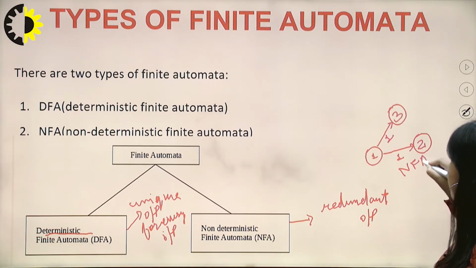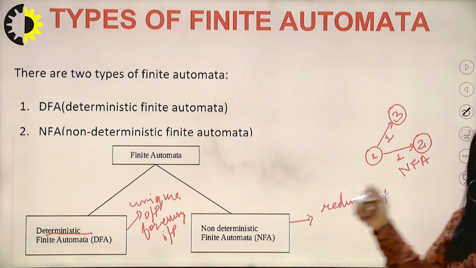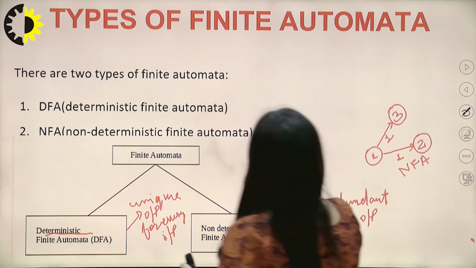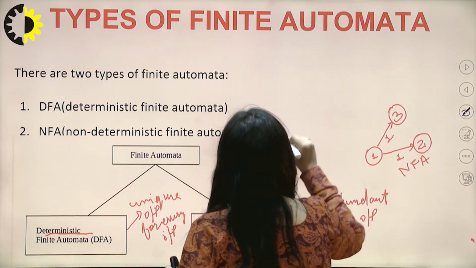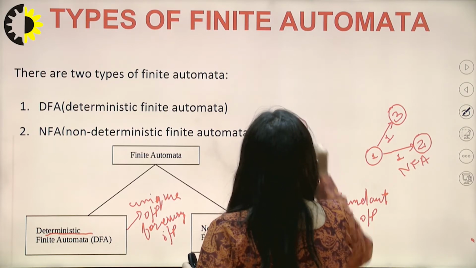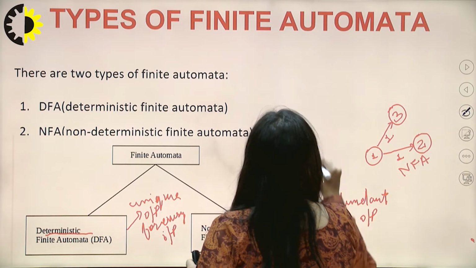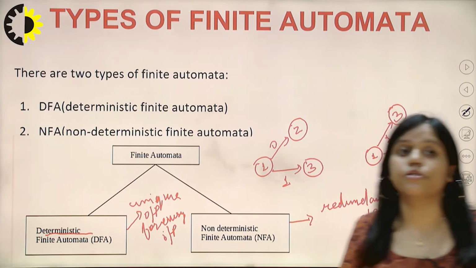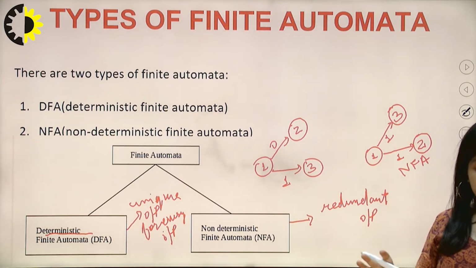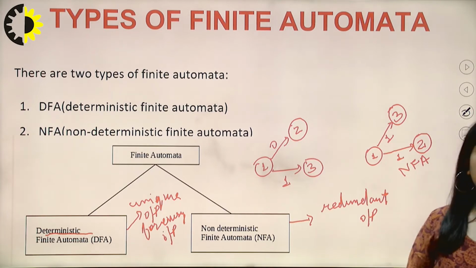This is for NFA. For DFA, the same thing is not possible. For DFA, state 1 will produce only different outputs for different inputs. Okay, so this is the basic difference amongst these.